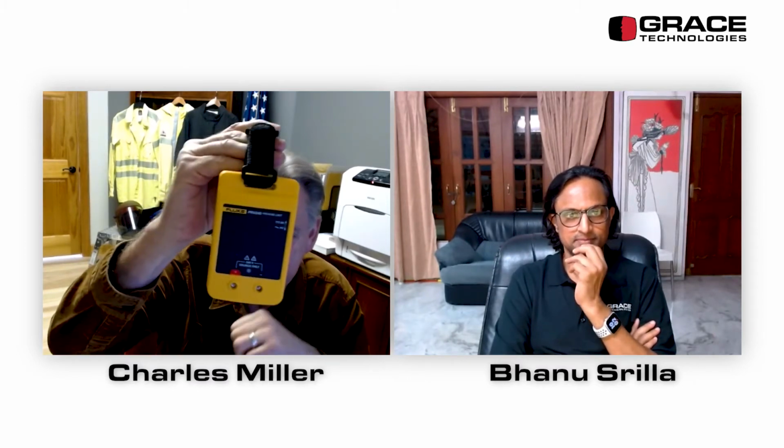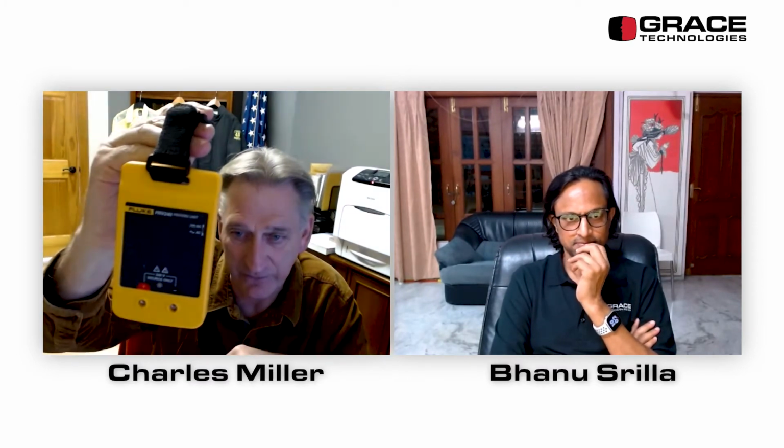If you've never seen this Fluke device, it's called a proving unit, and this has 4 AA batteries in it. This gives you a voltage. Sometimes if you're working in a plant, finding a 120 volt receptacle may not be very easy. Well, with this device, you can check your meter.